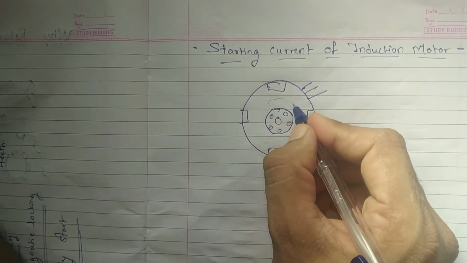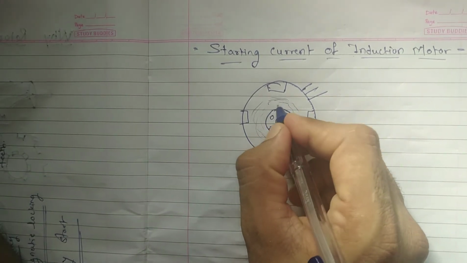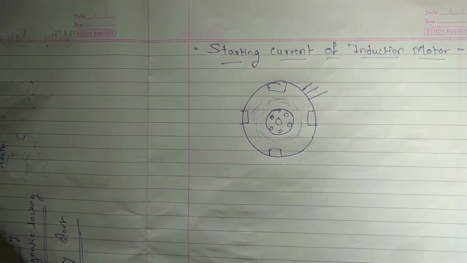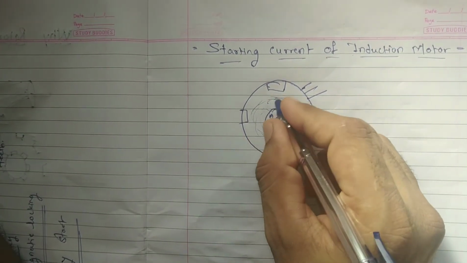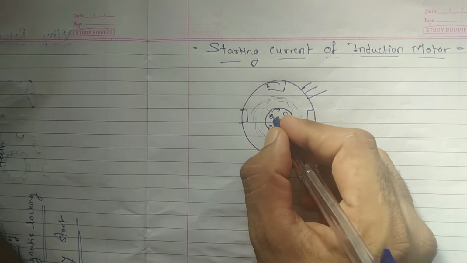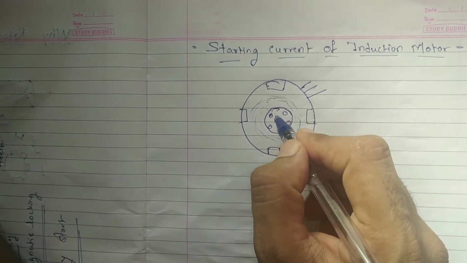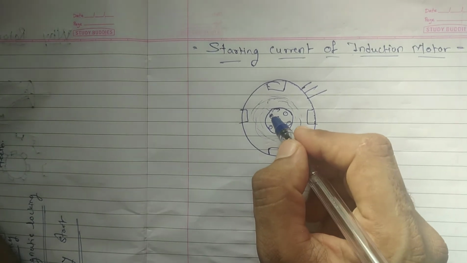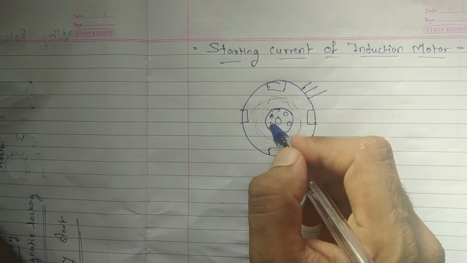Rotating magnetic field is produced, and this rotating magnetic field will cut the conductors present over the rotor. It means the rotor conductor will start cutting the magnetic lines of force which are rotating here.